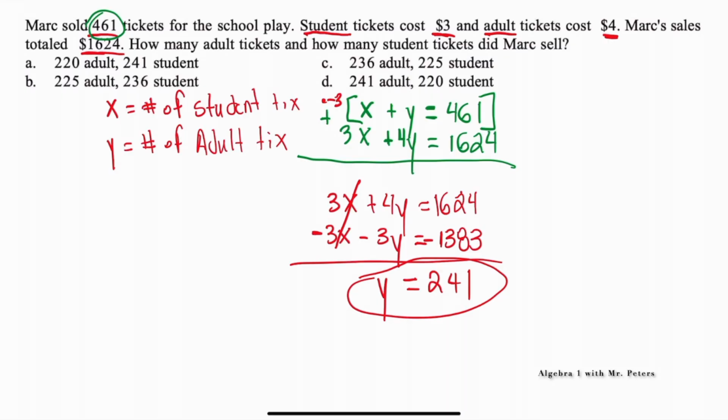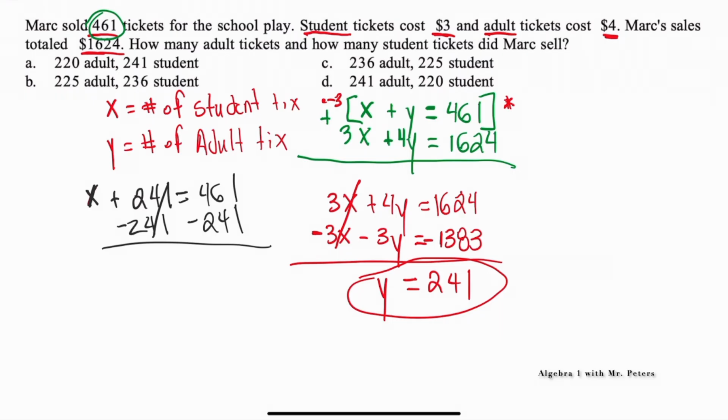Adult tickets we have. Now, family, when you go back, please pick the easier equation. And the easier equation is this one right here. So we know, let's switch to black. We know x plus 241 is equal to 461. We subtract 241 so we could figure out the amount of student tickets.